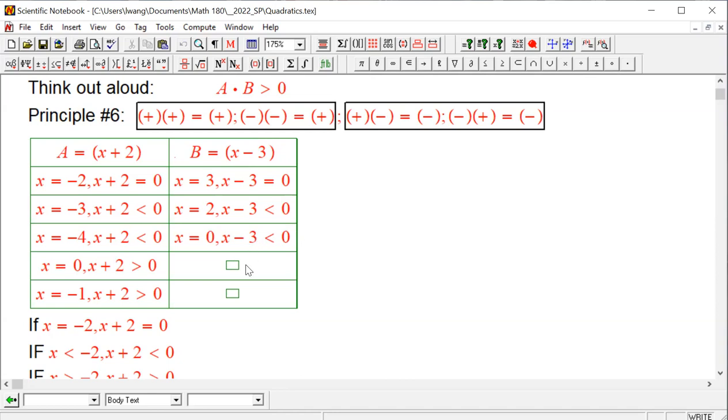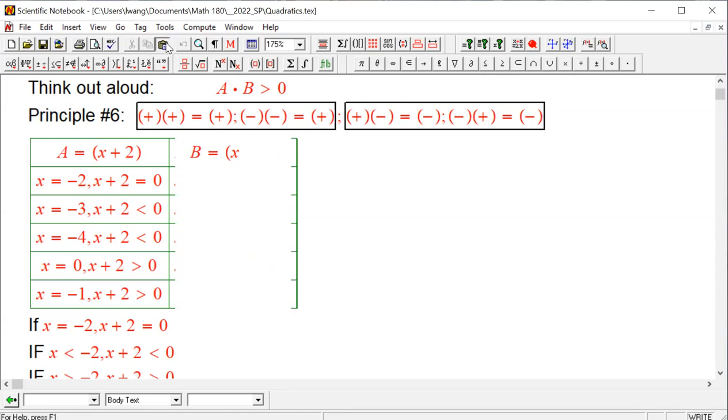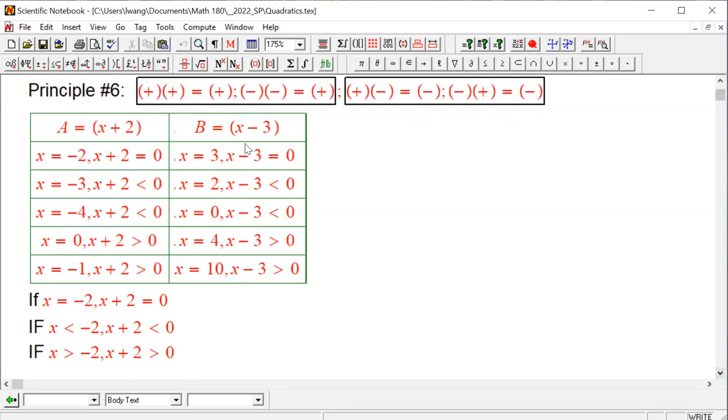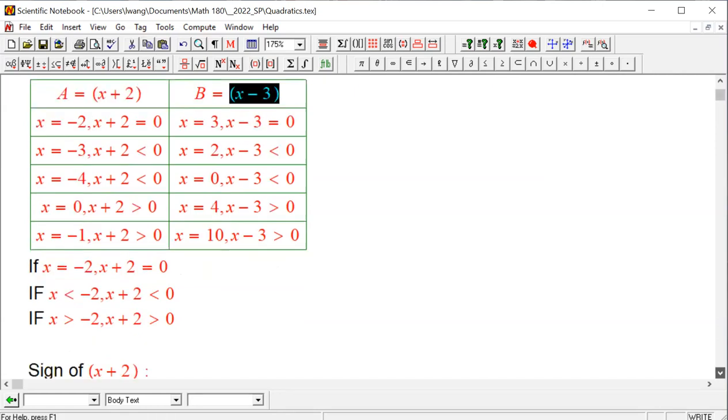If I pick a number larger than 3, like 4, then x minus 3 is going to be positive. And so on and so forth. For x equals 10, x minus 3 is going to be positive. So we got the sign distribution again. From this pattern, we realize x minus 3 also has a sign distribution.